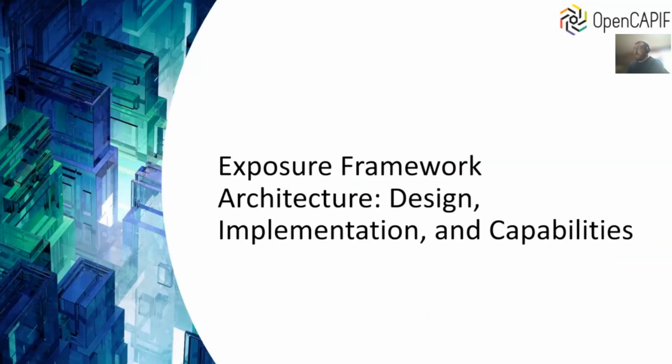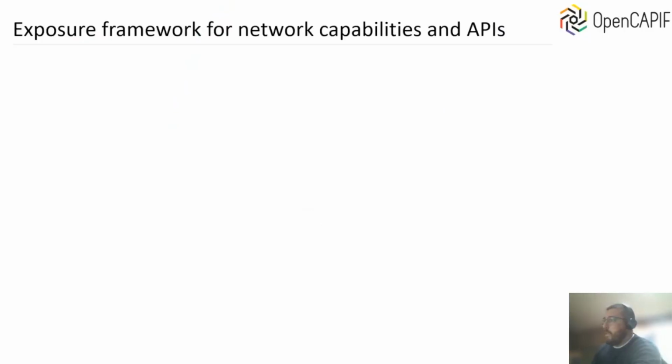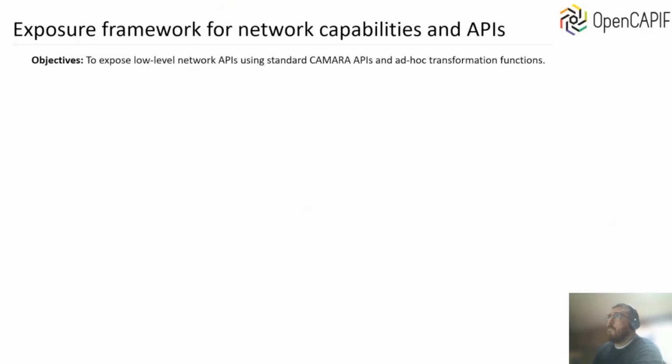We are using the exposure framework that I presented before. How does this framework work? The objective is to expose these low-level APIs using simplified APIs like CAMARA and ad hoc transformation functions.